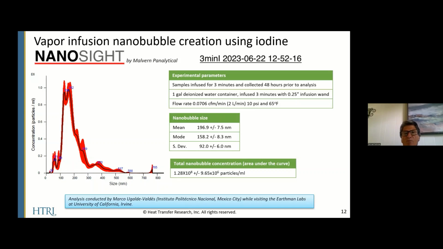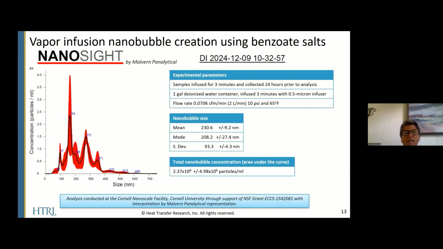The other thing that we found was that, again, when we looked at the fluid volume after infusion, we saw that because of the relatively insoluble surface of these bubbles, we did not impart high chemical residues to the water. So from an environmental standpoint, we're able to achieve the benefits of nanobubbles without the creation of high chemical residues in the flow stream itself. The same thing held true whether we used either the vapor corrosion inhibitor or iodine.